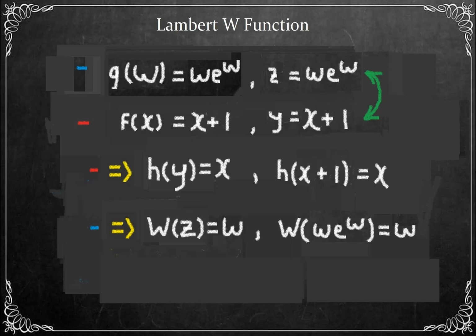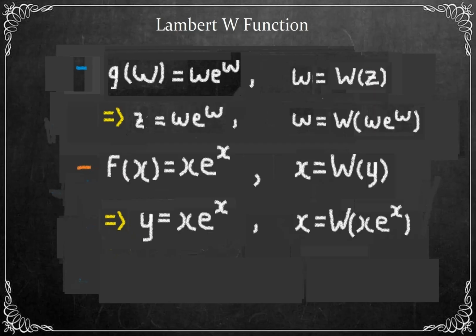See that? We can also consider g of omega in general terms. Orange bullet. We can define a function f of x equals x e to the x, and the inverse of this function is the Lambert W function. Then we have W of y equals x, because f inverse of y returns the original input x.